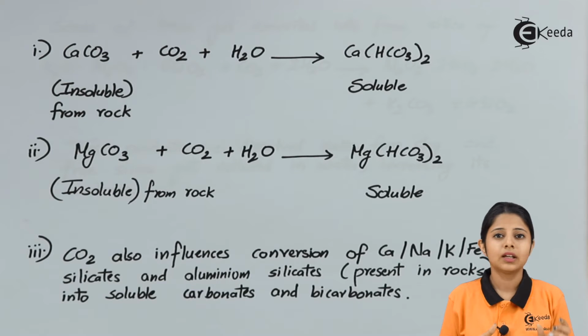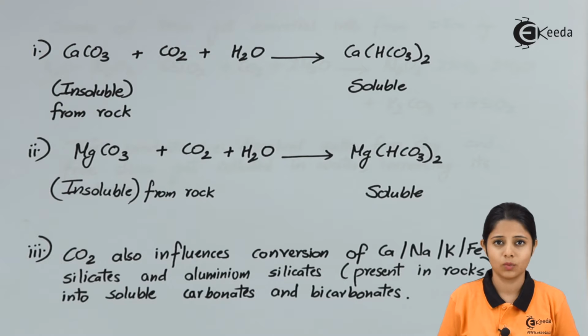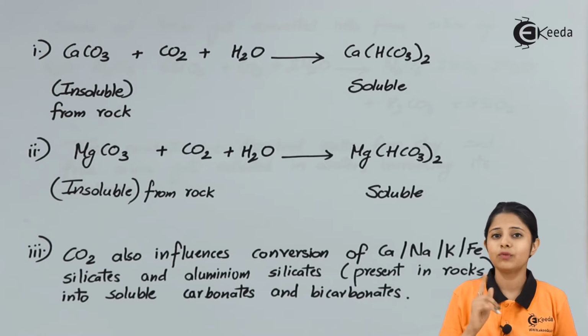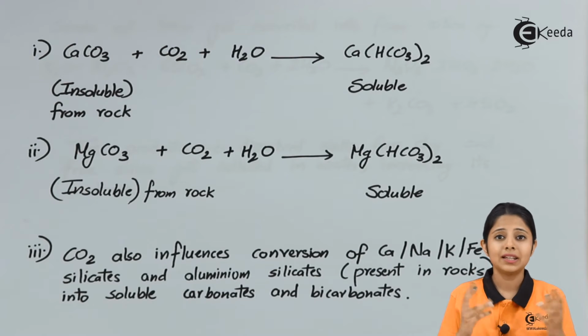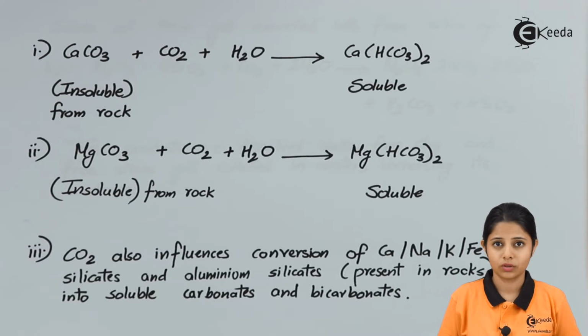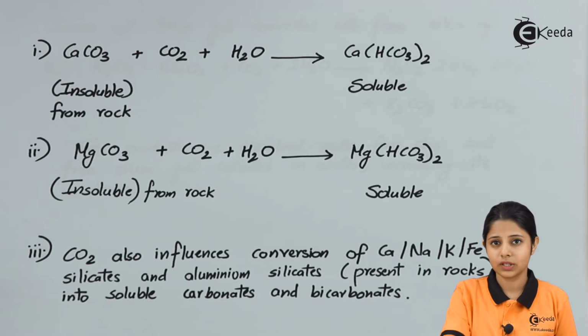That means the innocent CaCO3 which wasn't helping in the hardness of the water at all will now start contributing to the hardness of the water because of the CO2 which is present in the water. So CO2 itself leads to hardness of water, plus it helps other insoluble minerals present in the water to get dissolved in them and lead to further hardness of water. Let us see the reactions of the same.